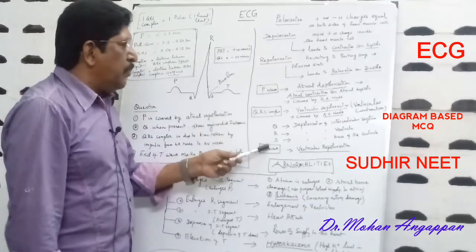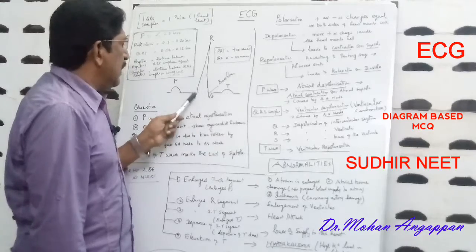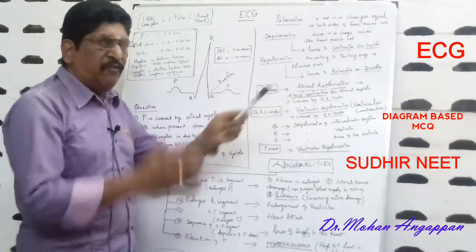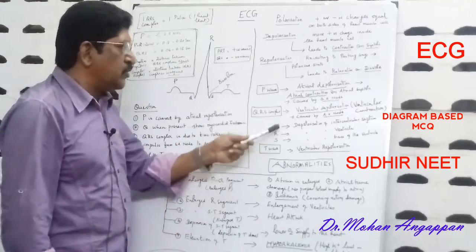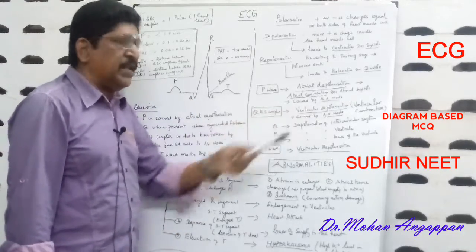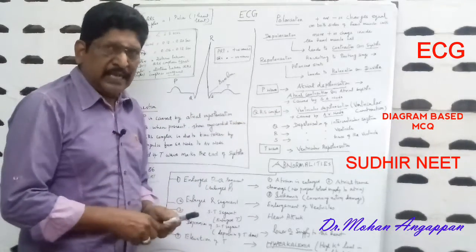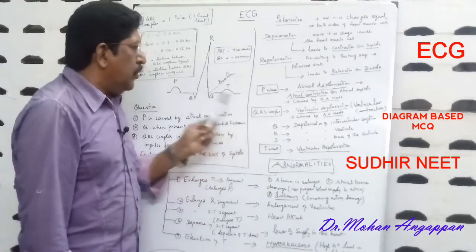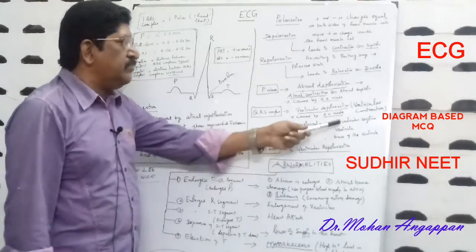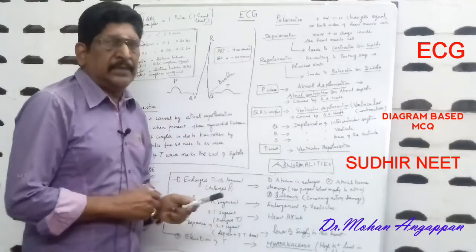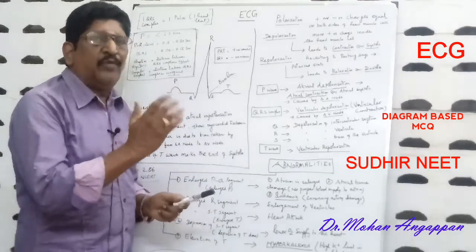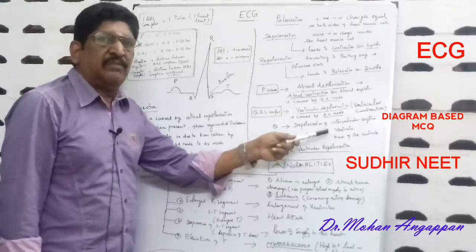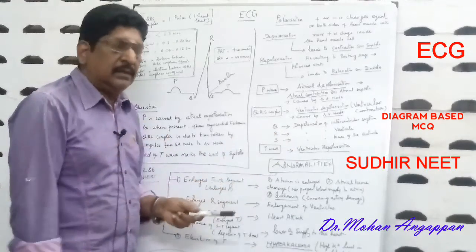In the QRS complex, Q represents depolarization of the interventricular septum, the septum between the two ventricles. R represents the depolarization of the whole ventricle.